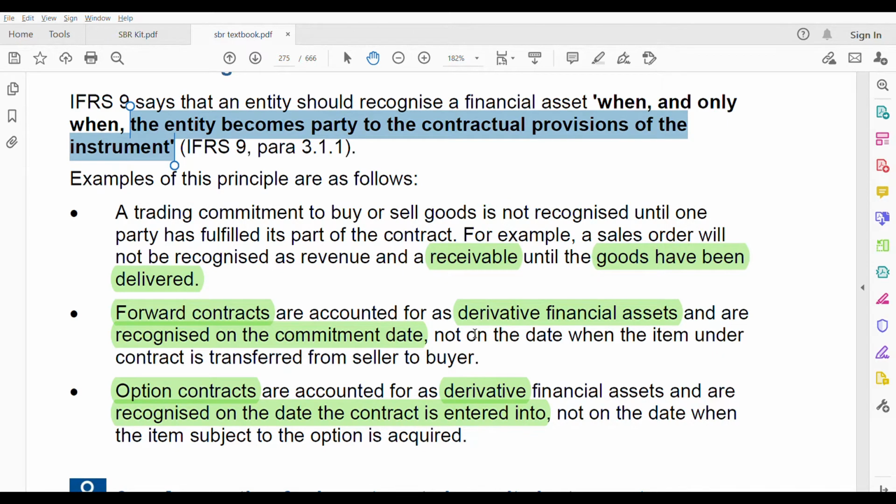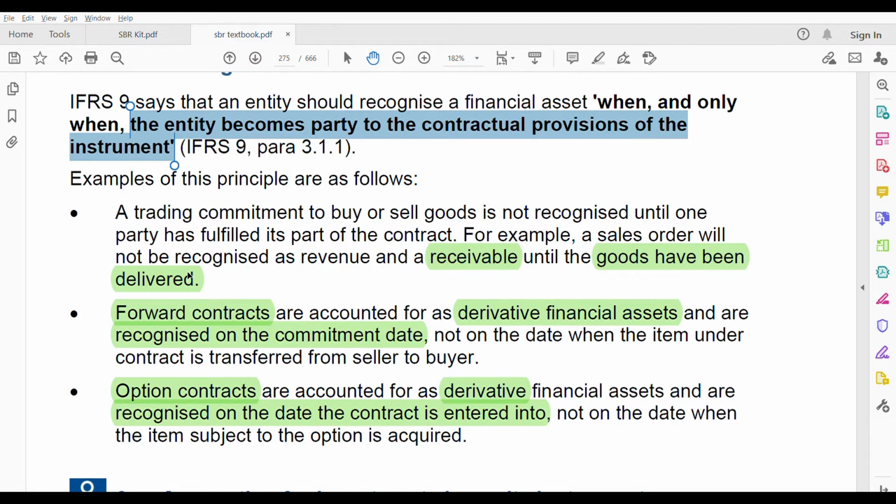When you enter into the option, you have that contractual right to receive that cash. Same for the forward also. On the commitment date, you have the right to receive the cash. For receivable also, you have the right to receive the cash from your customer. In the future date, it does not matter when you receive, but you have the right. The contractual right is there. And that is when you recognize your financial asset, when that contractual right is there. So under all the three conditions, that right has been there. So that's why you recognize a financial asset.